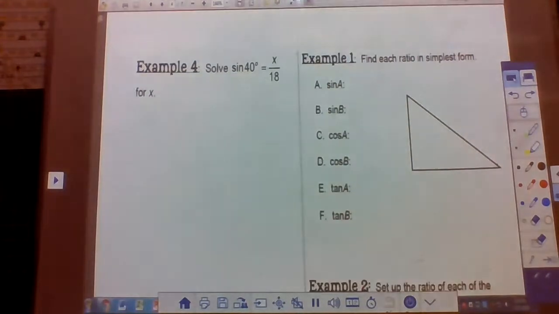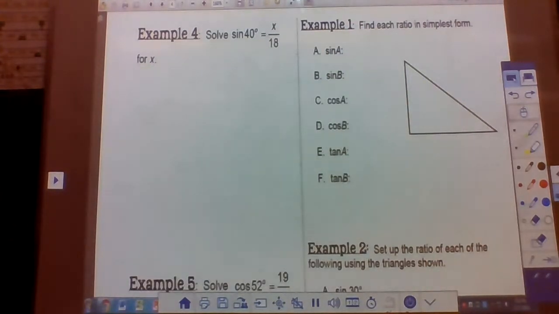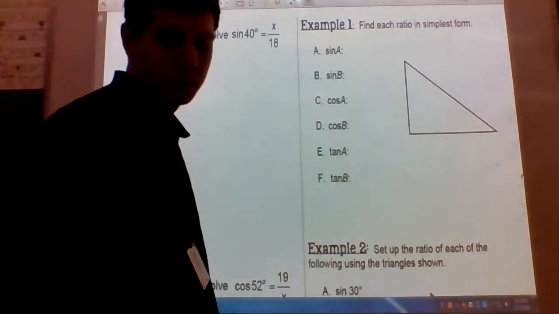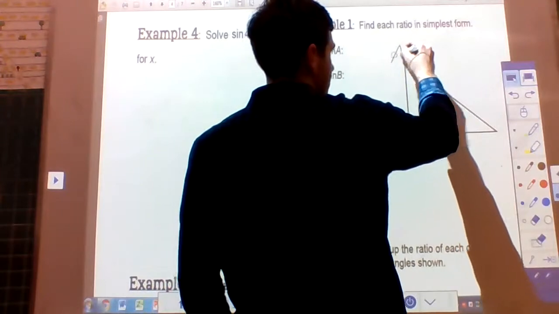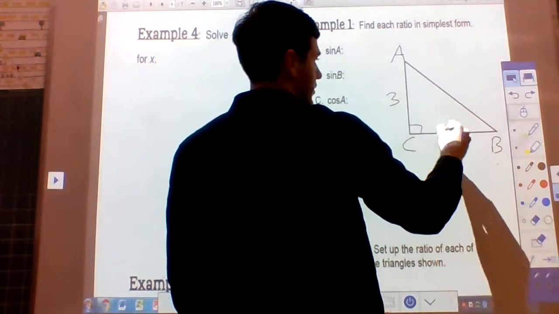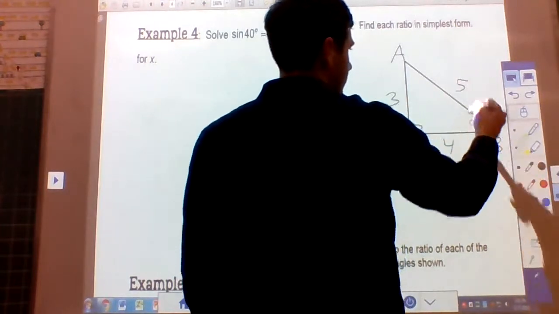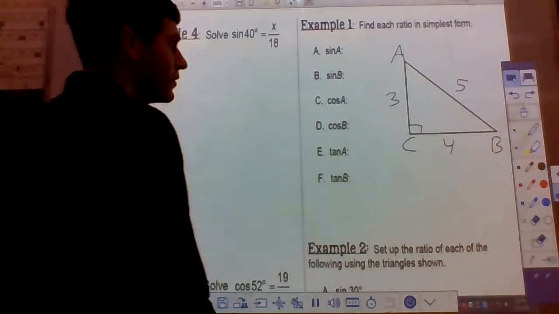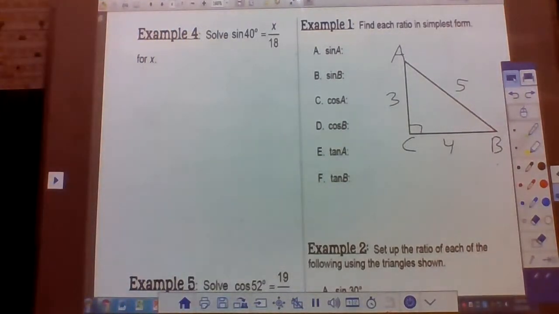And example 1. Okay, you want to put each ratio in its simplest form. So I believe on your sheet the letters were A, B, C, and we have 3, 4, and 5. All right. So sine of A. Sine is opposite over hypotenuse.